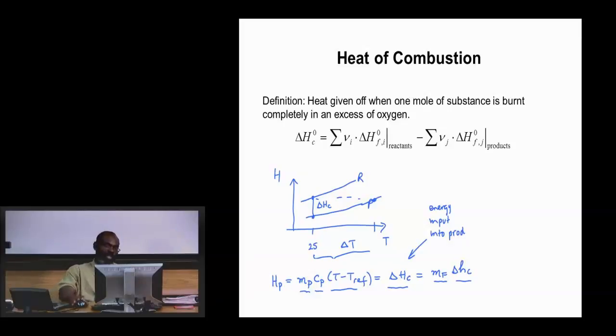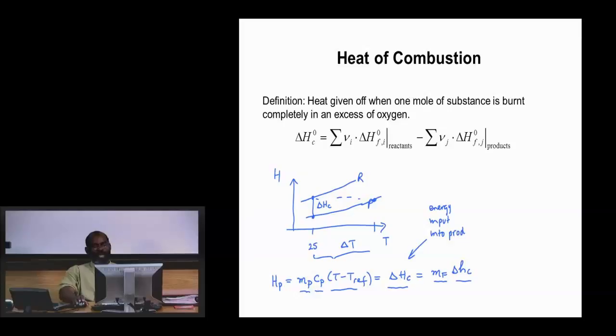Now, what I've shown here is the enthalpy function for reactants and the enthalpy function for products. And the heat of combustion can be thought of as the energy difference. This enthalpy is an energy difference between the reactants and the products. So at any given temperature, the reactants are higher energy than the products.